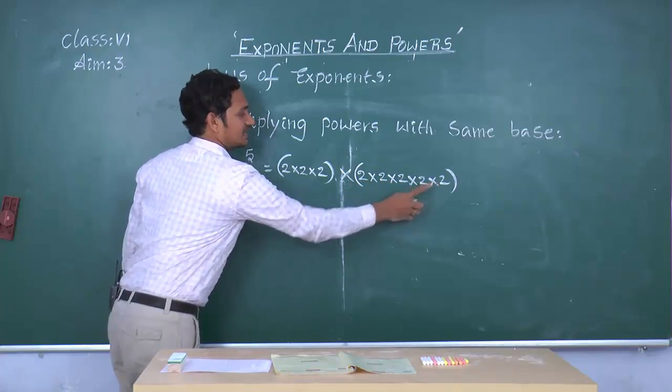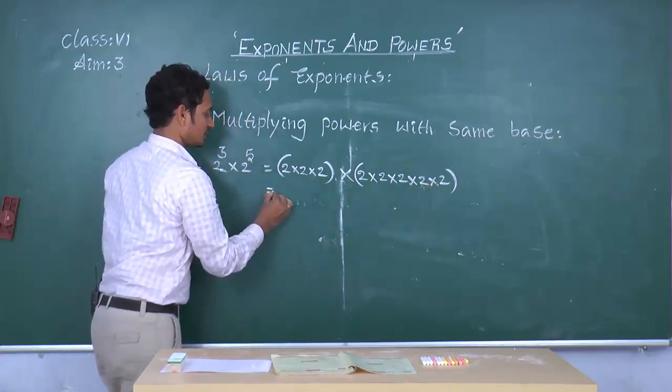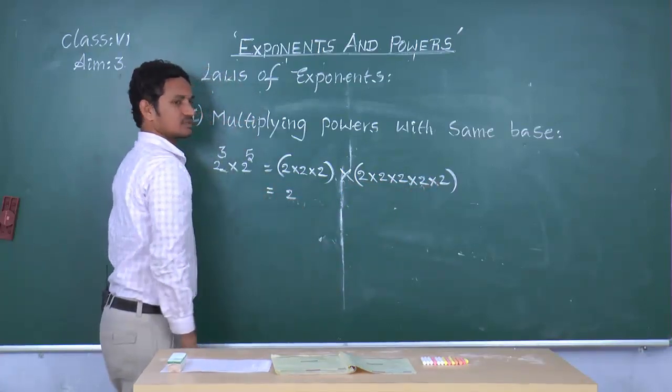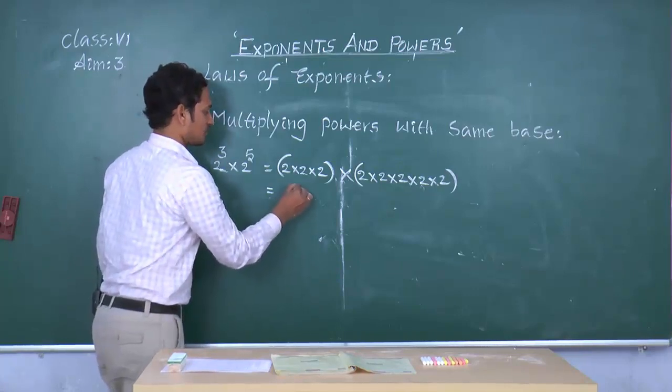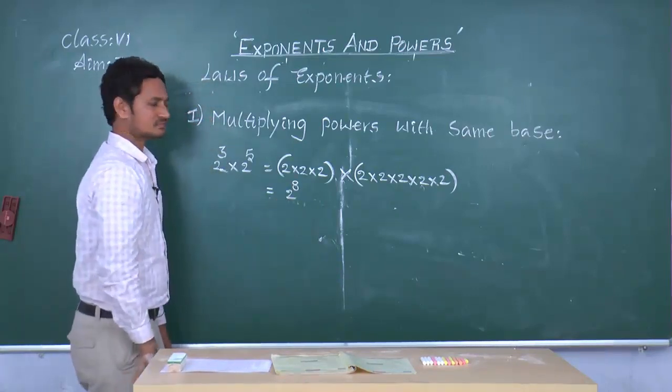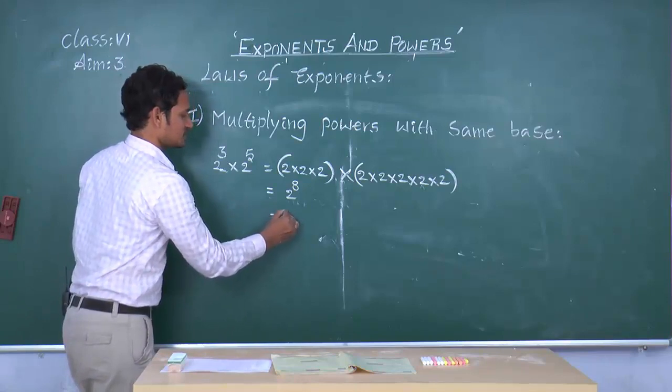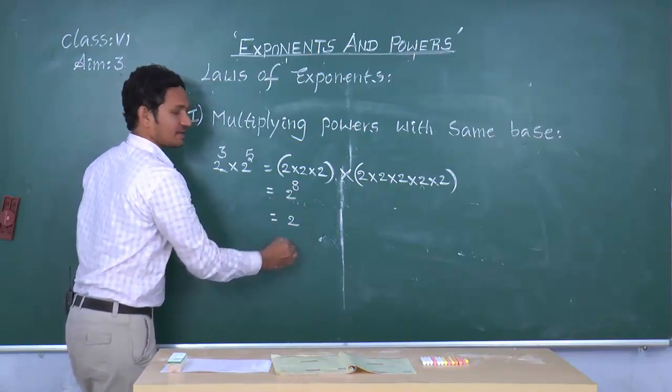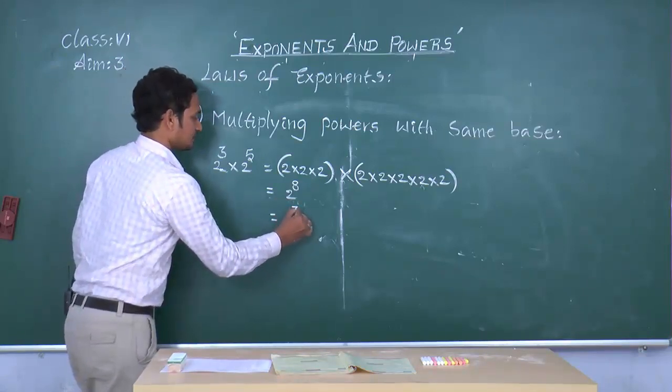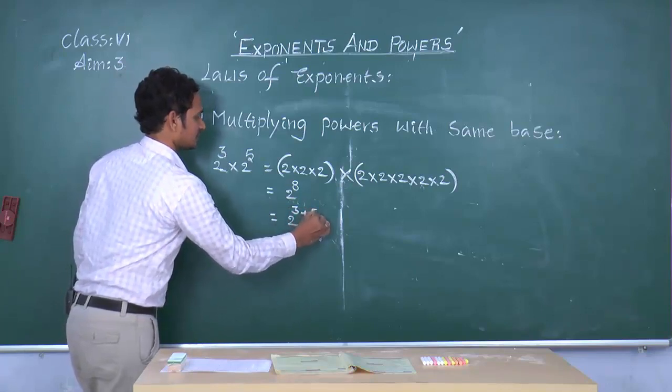Exactly 8 times. So we can convert into exponential form as 2 power 8. And we can write this 2 power 8, in our own convenient way, as 2 power 3 plus 5.